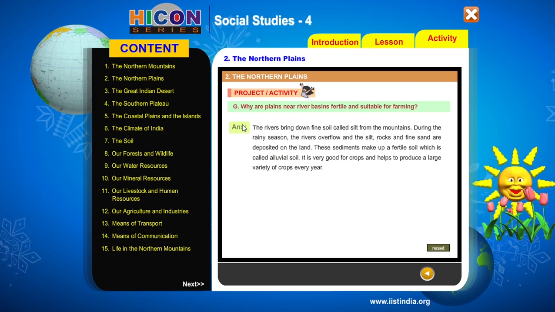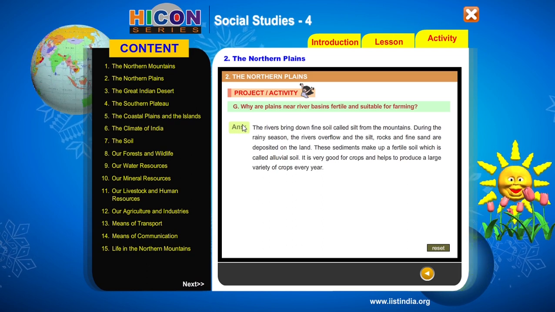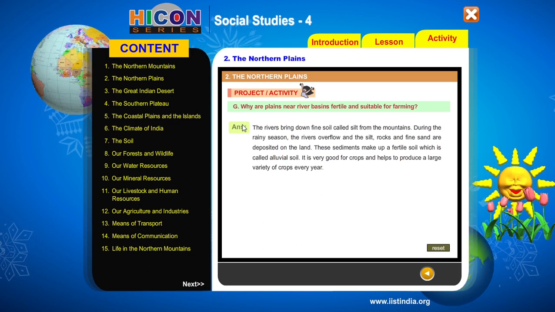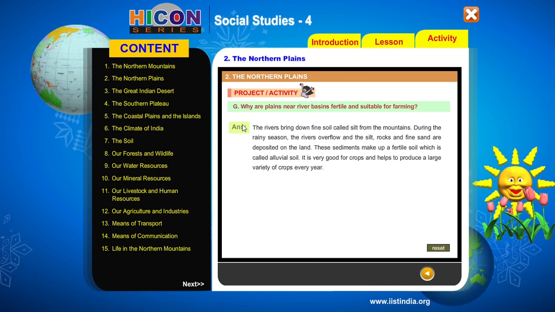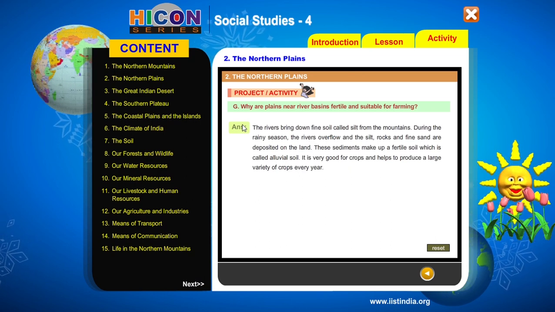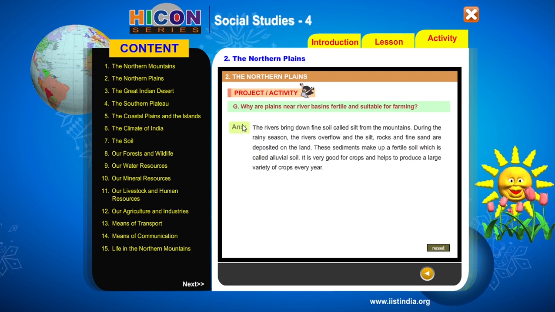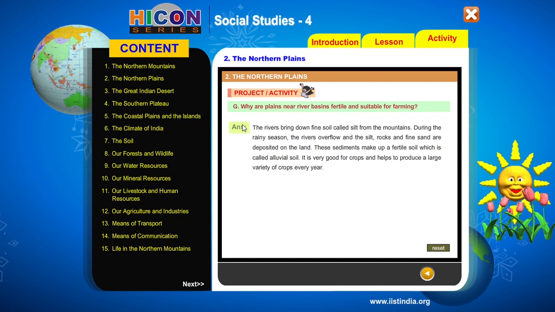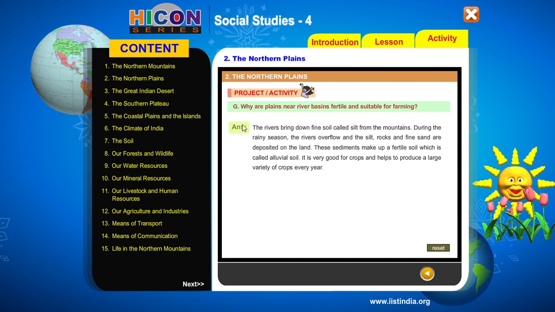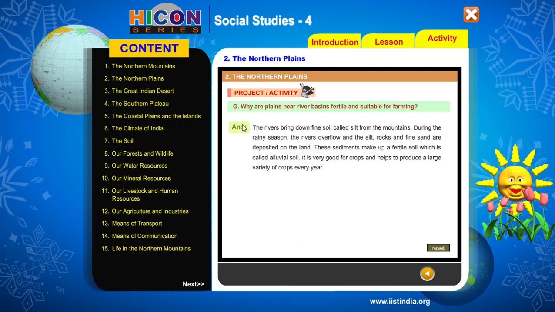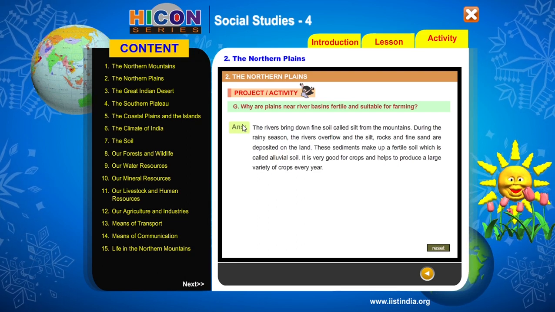During the rainy season, the rivers overflow and the silt, rocks, and fine sand are deposited on the land. These sediments make up a fertile soil, which is called the alluvial soil. It's very good for crops and helps to produce a large variety of crops every year. That's why the plains near the river basins are fertile and suitable for farming.